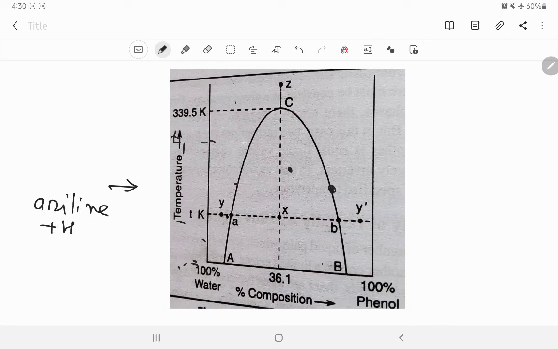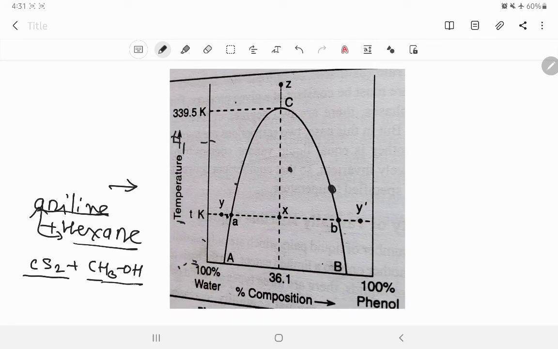There are more liquid pairs also showing such phenomena like aniline and n-hexane. These two liquids also show the same phenomenon. Or methyl alcohol, methanol and CS2, carbon disulfide, this pair also shows such phenomenon as in the phenol-water system, where there is an upper CST.